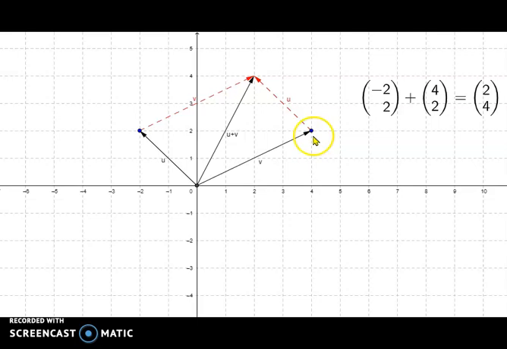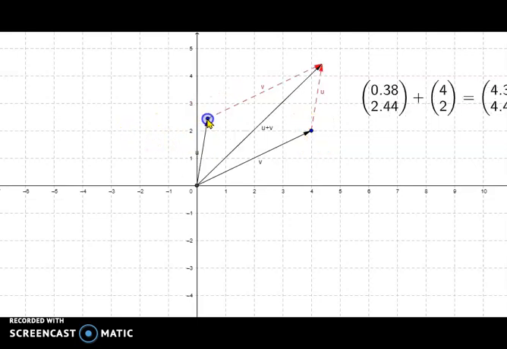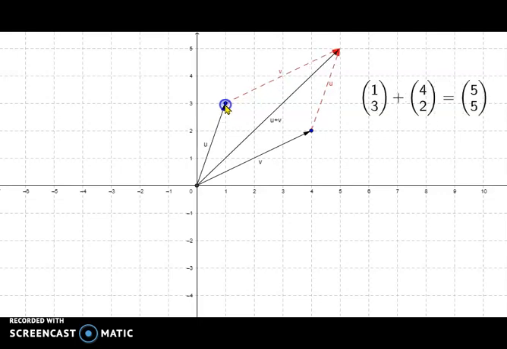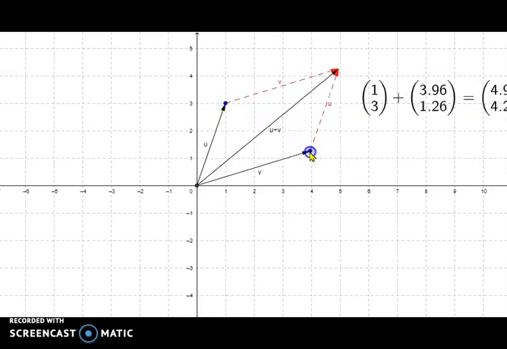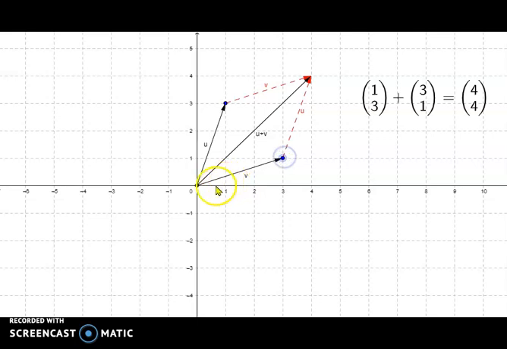Suppose we change our u and place it here, and the v is here. Again, u plus v is this vector.